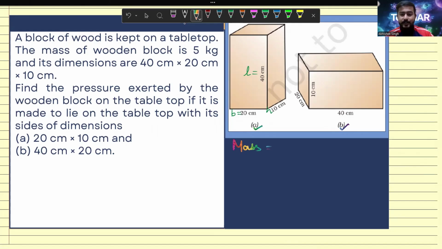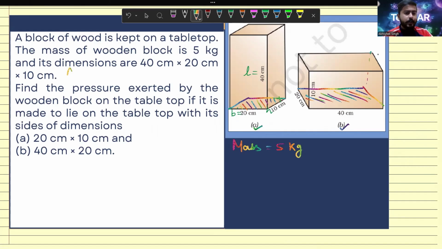Mass will remain constant for both the blocks because both of them are the same block. But in case one, the area of contact is this area, the area of its base. And in this case, this area is actually in contact, the area of the base. So in both the cases, the area is different, but the thrust is the same.